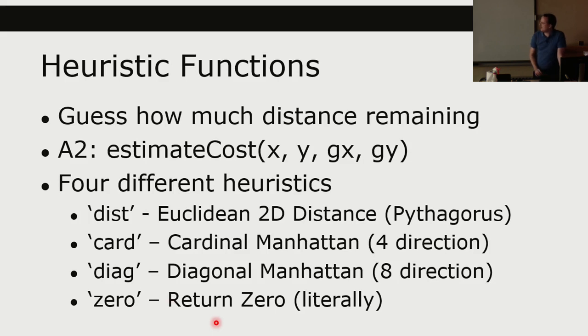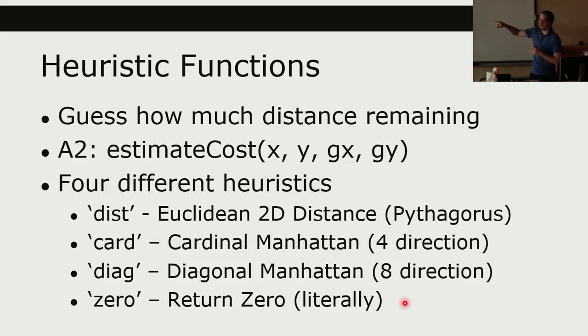And the reason I include the return 0 heuristic is because what you can do is implement your algorithm and then test your algorithm with the 0 heuristic. So if you test your A-star algorithm and you're not getting optimal paths with your heuristic, maybe that's because you did the algorithm wrong, or maybe that's because you did the heuristic wrong.